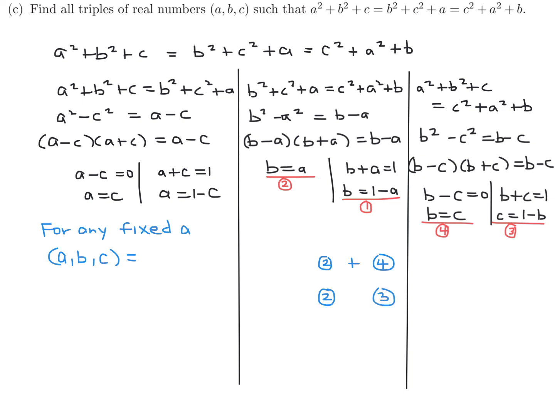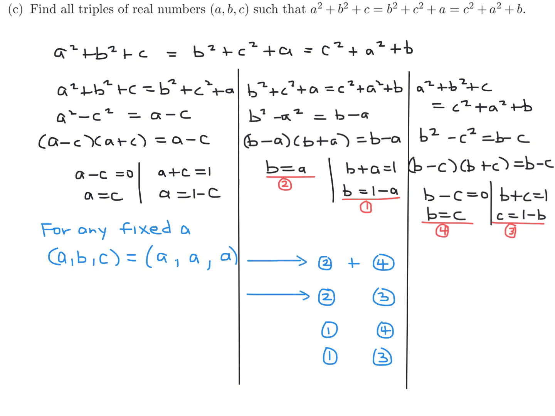And then if I chose 1 on this, it'll be 1 and 4 and 1 and 3. So these will give us my triples. Okay, so 2 and 4, a is fixed as a. 2 tells me that b is equal to a, so this is also a. And then 4 tells me that b is equal to c, so that's also a. Okay, that's an easy triple to figure out. So that takes care of this one.